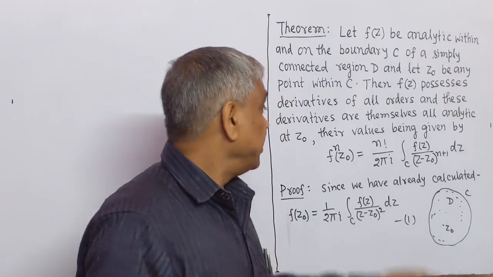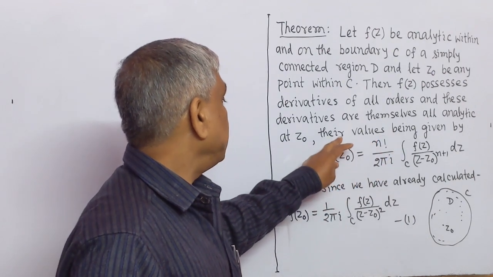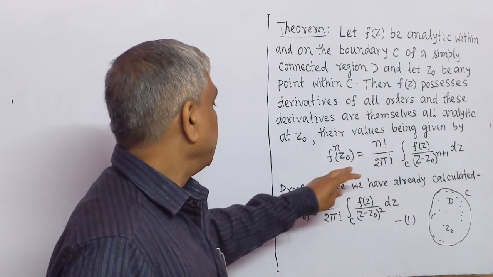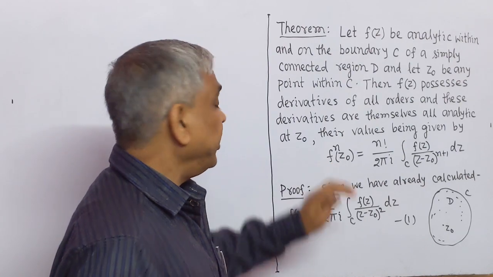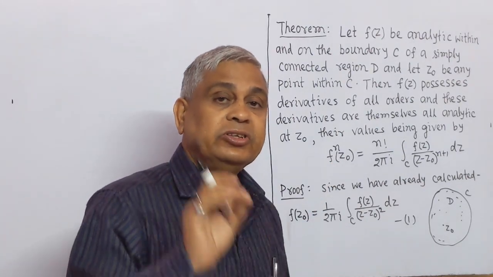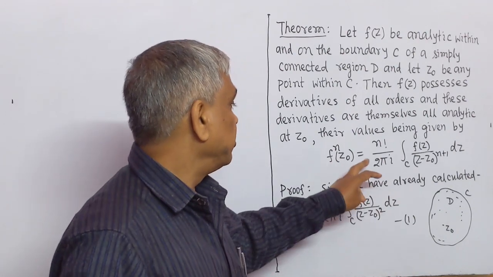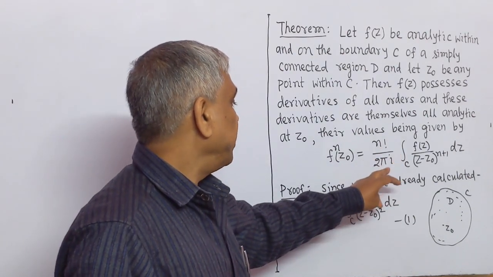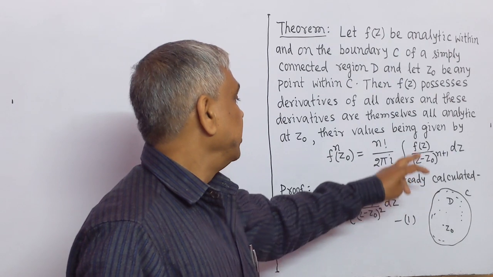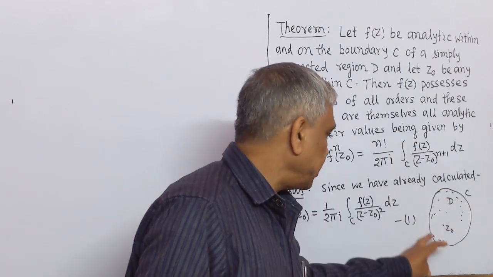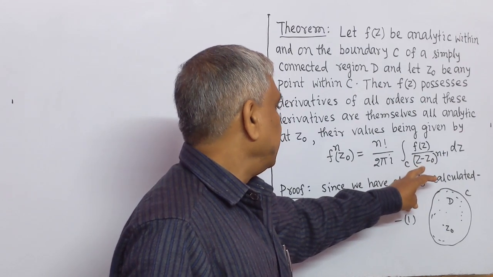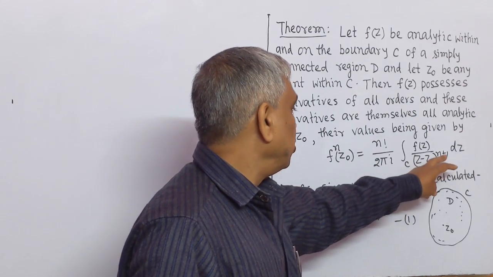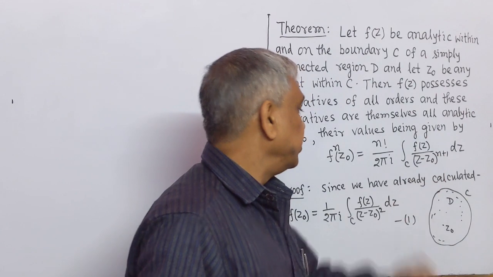Their value is: the nth order derivative of f(z) at the point z equal to z naught equals n factorial by 2 pi i, integration along the curve C, f(z) by (z minus z naught) to the power n plus 1 dz.